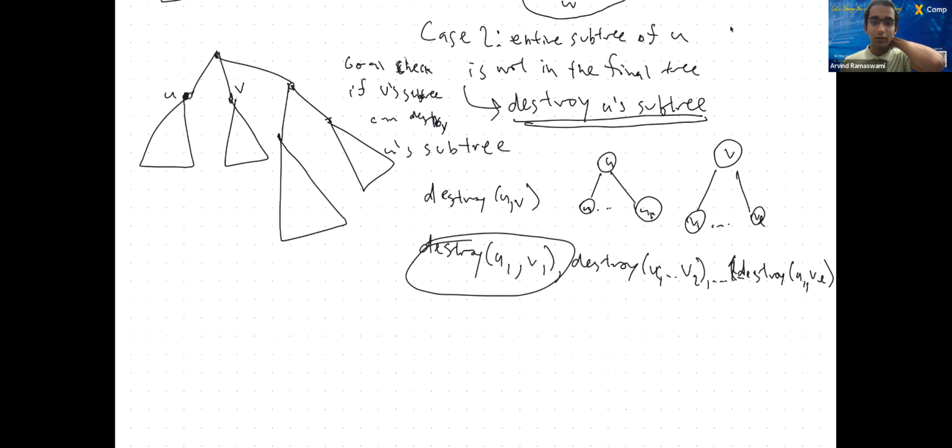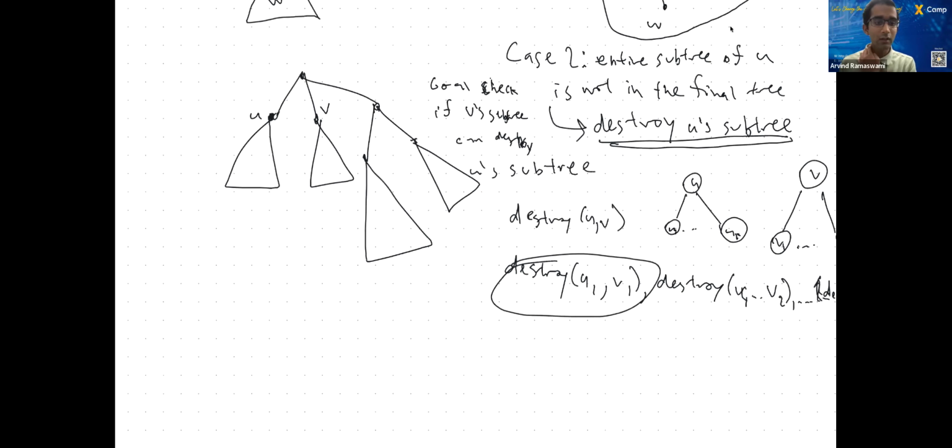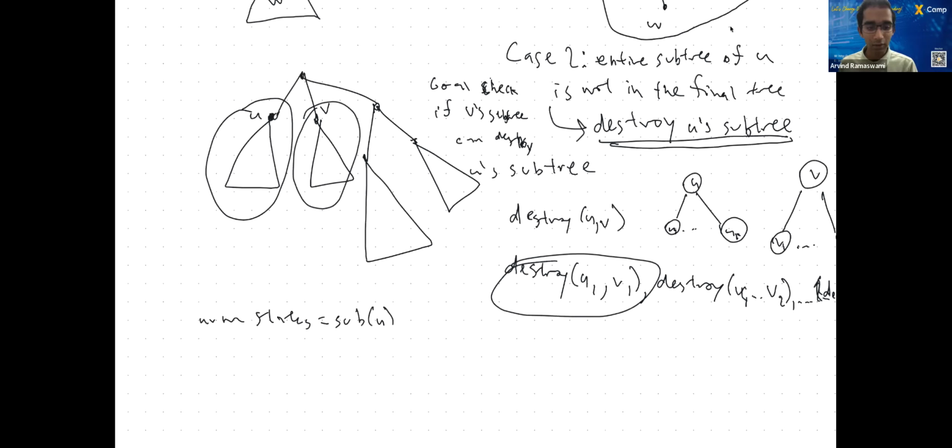So you can keep recursing, and the number of states is just equal to the size of U's subtree times the size of V's subtree, where U and V have the same depth.